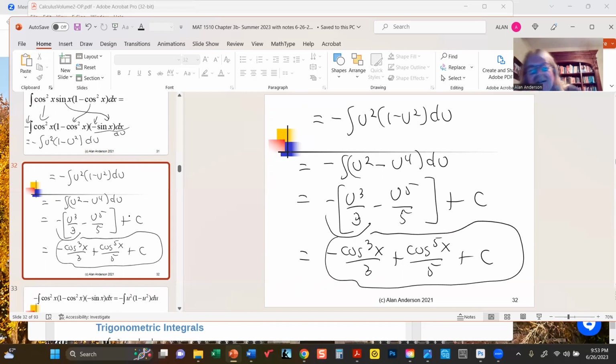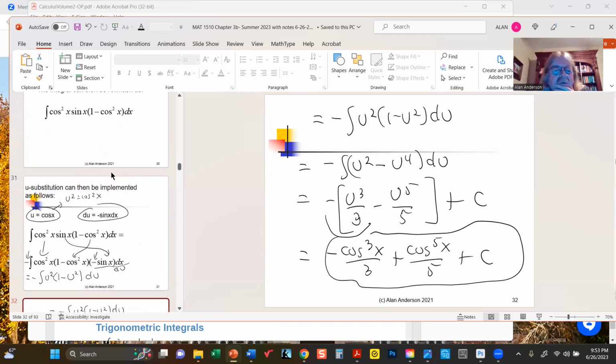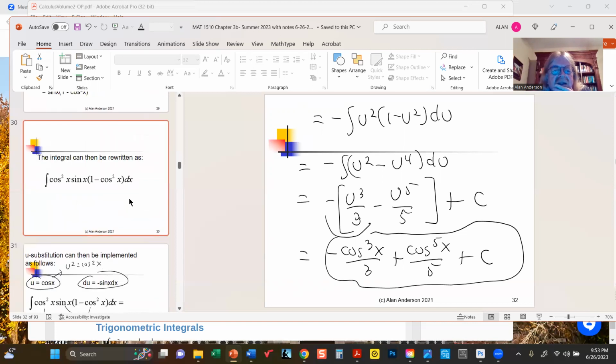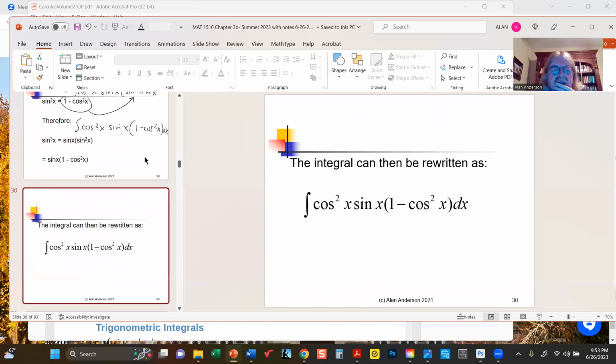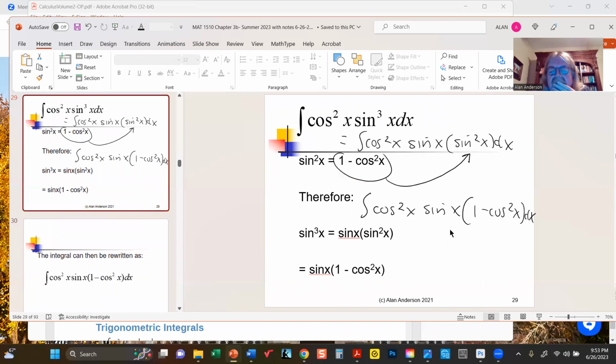Okay, but the thing is, when you first encounter one of these, the last thing in your mind is what can I substitute? You really just have to get a lot of practice with these. The idea of turning sine cubed x into sine times sine squared, it would never occur to most people because it seems like you're making it more complicated, and technically you are.